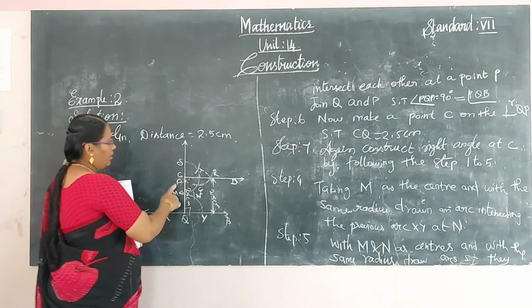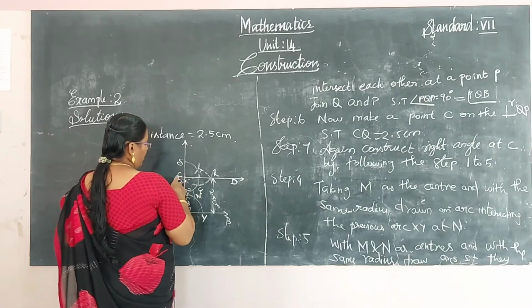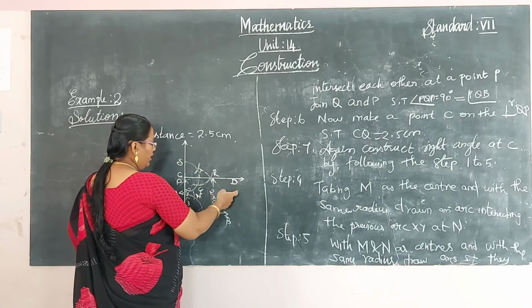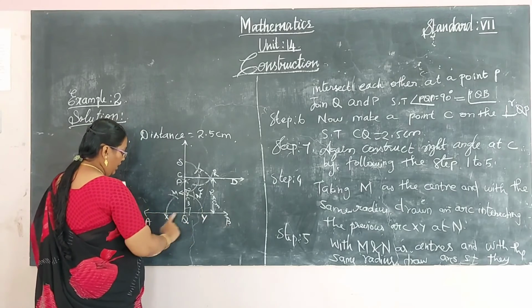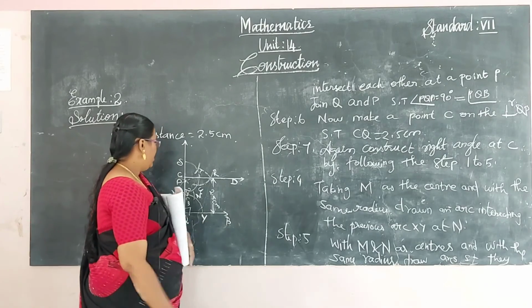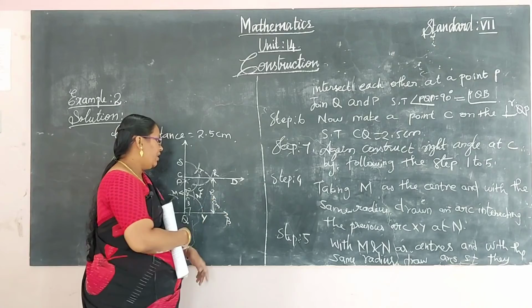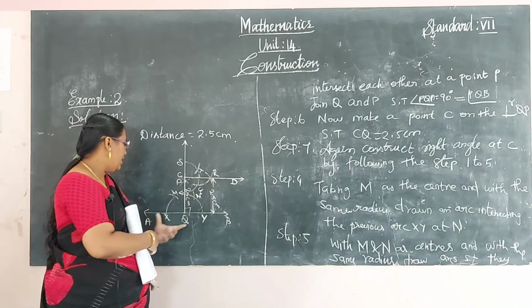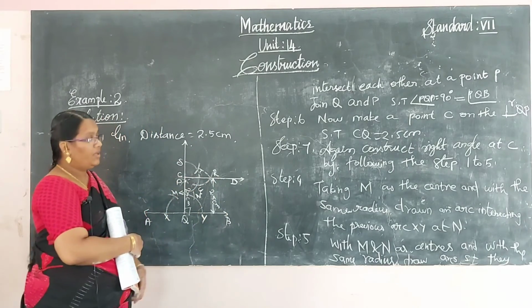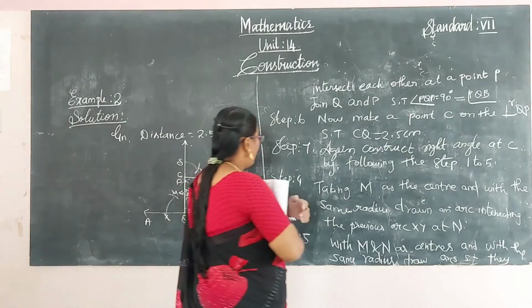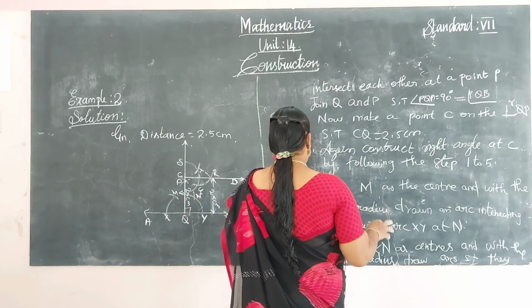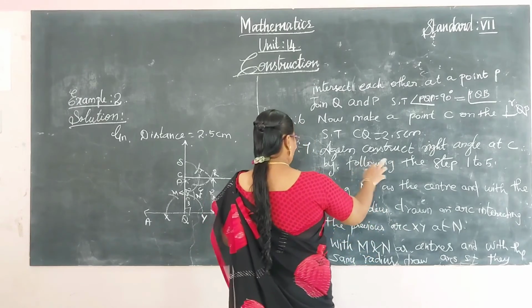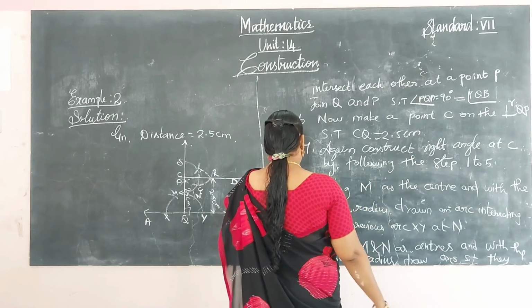Then draw the line CR to D. The line CD is parallel to the line AB at a distance of 2.5 centimeters. CD is parallel to the line AB. That's it. So steps 1 to 5, repeat that process.